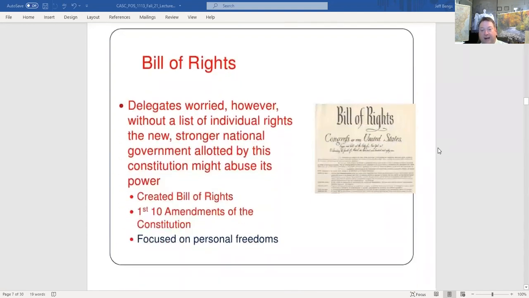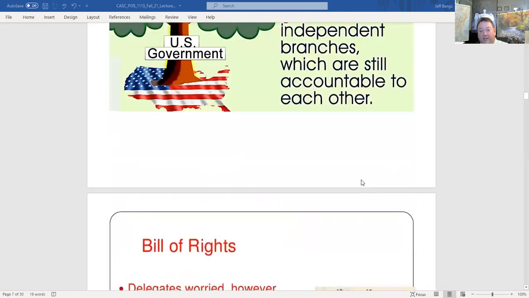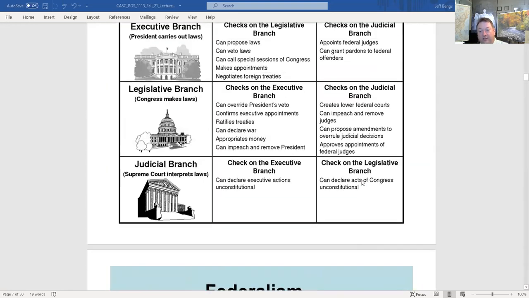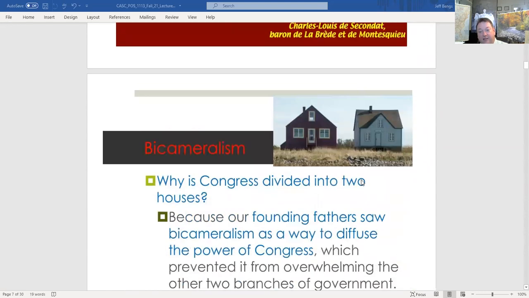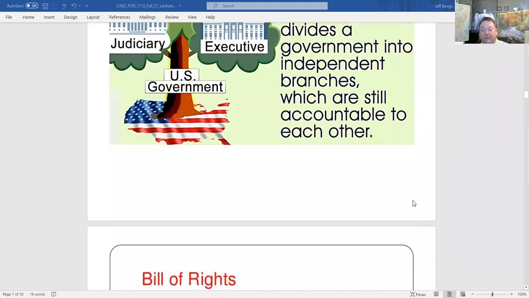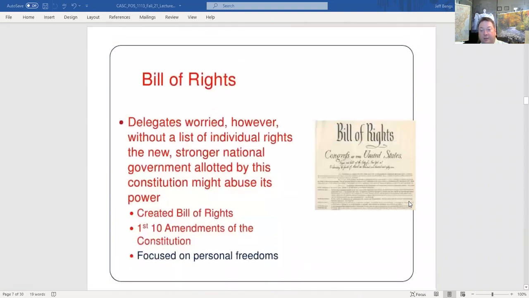And this is the final element, along with these things up here: separation of powers, federalism, checks and balances, bicameralism. This is the final element of our Constitution that was added starting in 1791.